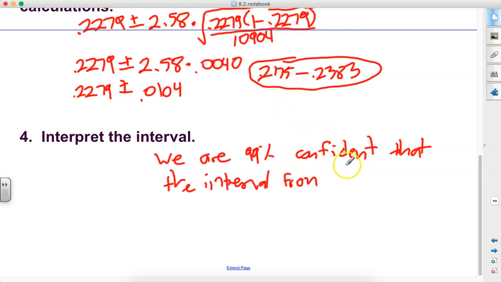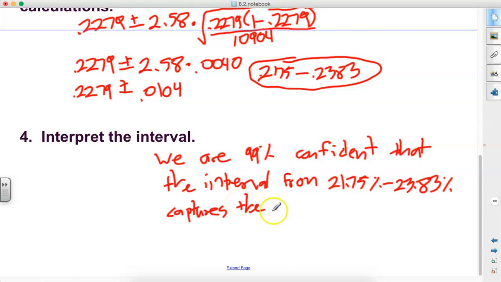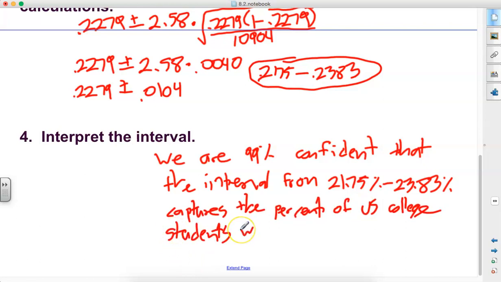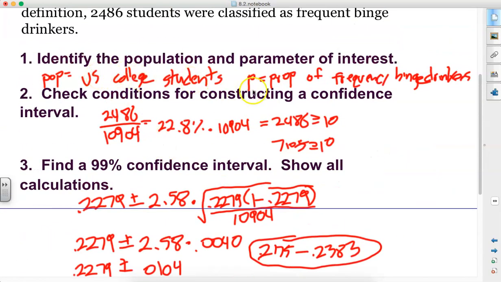That the interval from, and we can make it percentages if you want to, so we could say from 21.75% to 23.83% captures the percent of U.S. college students who, and remember what our population is, U.S. college students, and we're looking at the ones that are frequent binge drinkers, right?